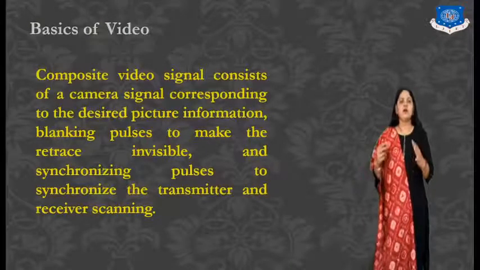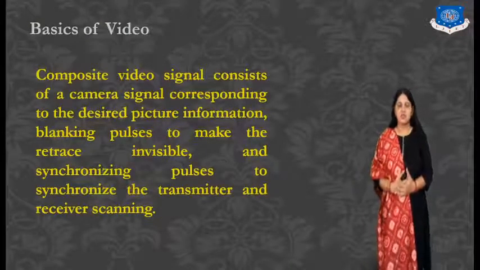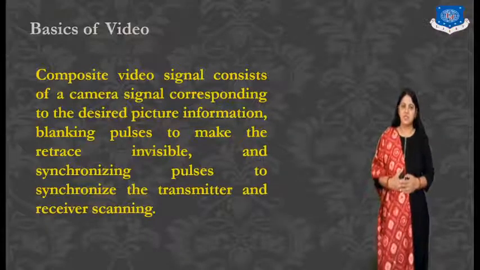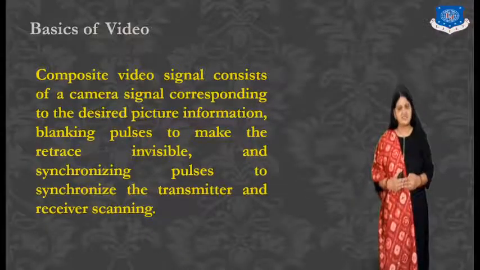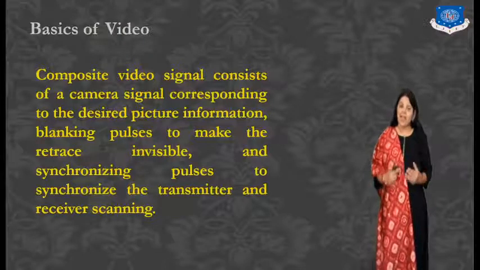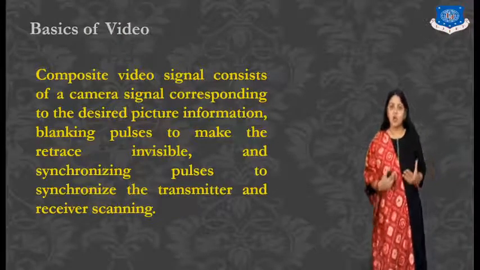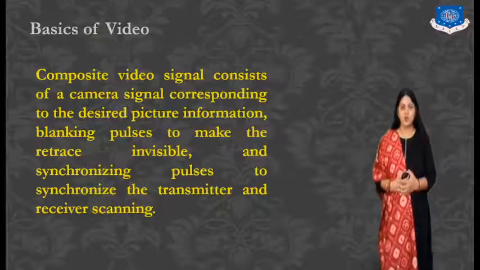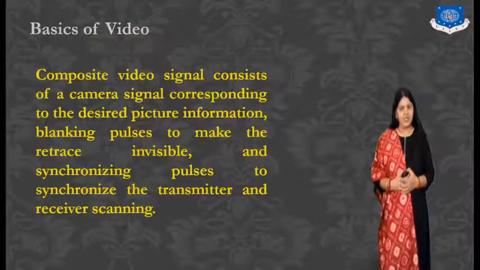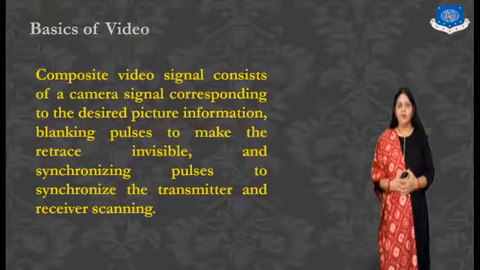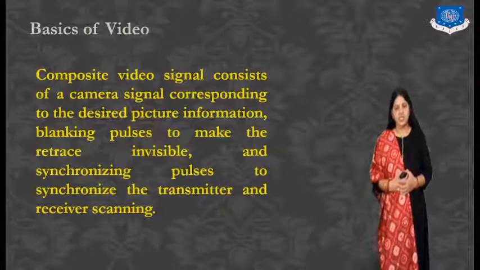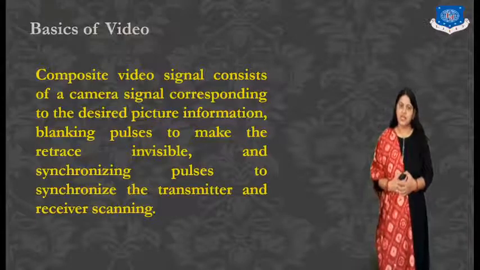The composite video signal consists of a camera signal corresponding to the desired picture information, and blanking pulses. As we know, the information is always available in the trace part of the signal. In the retrace there is no information; we only need to reach from the end of the first line to the beginning of the second line.